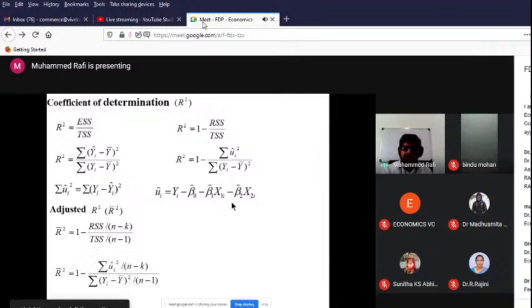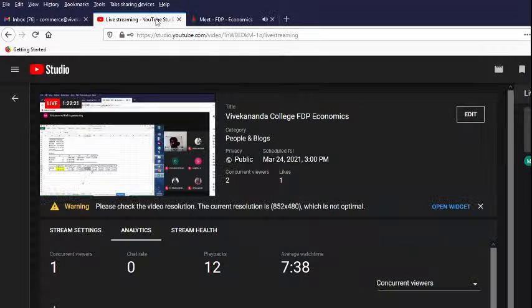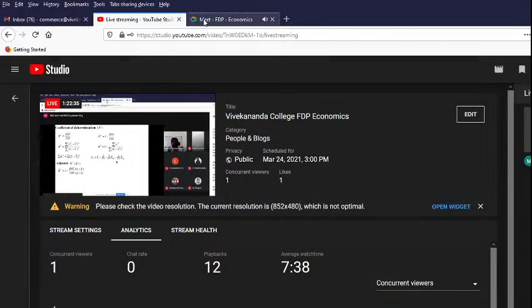So here adjusted R square adjusts for the degrees of freedom, which you can calculate as 1 minus R square, where R square is 1 minus RSS divided by TSS.